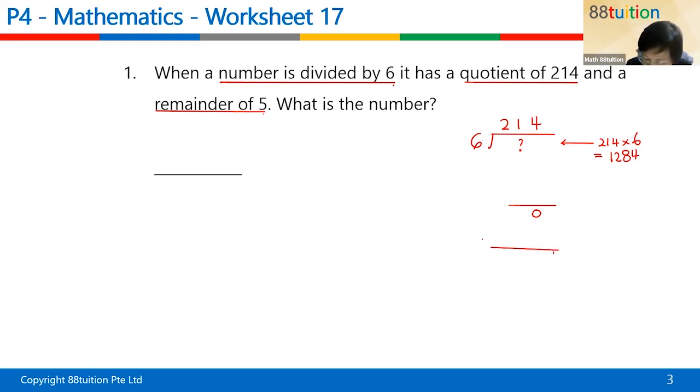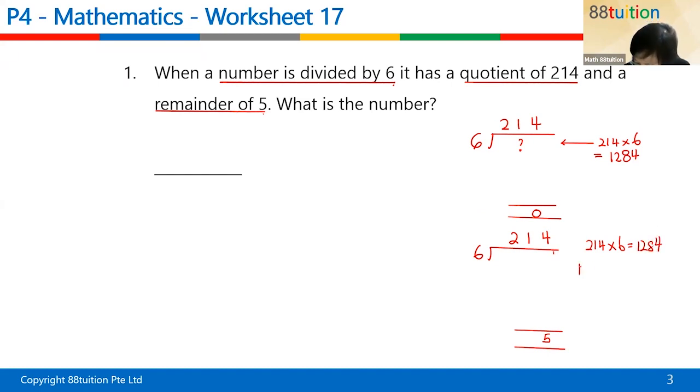Look here, I'm going to do the same, and my quotient is 214, and this is remainder 5 at the end of it. Now I must use 214 to multiply by 6, which will give me 1284.